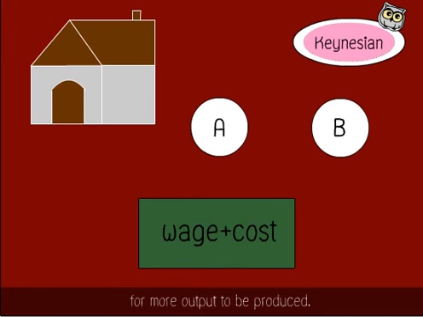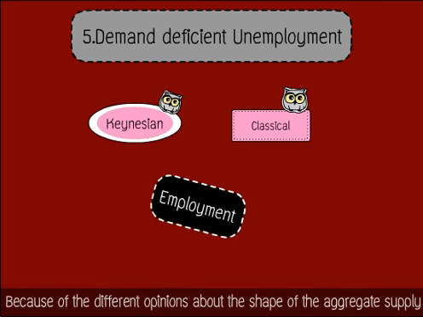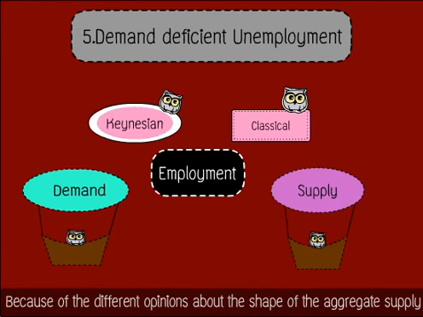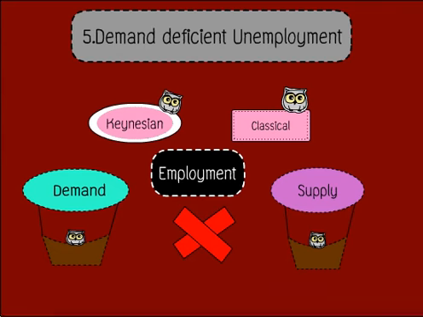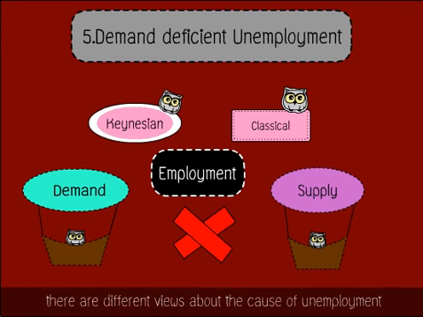Demand-deficient unemployment. Because of the different opinions about the shape of the aggregate supply and the role of aggregate demand in influencing economic growth, there are different views about the cause of unemployment.